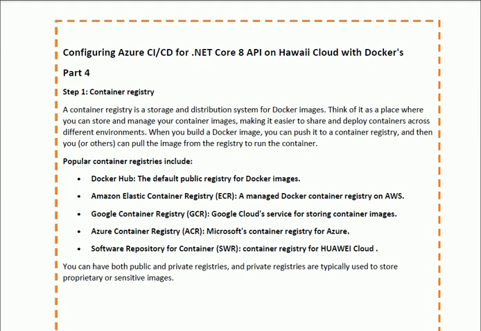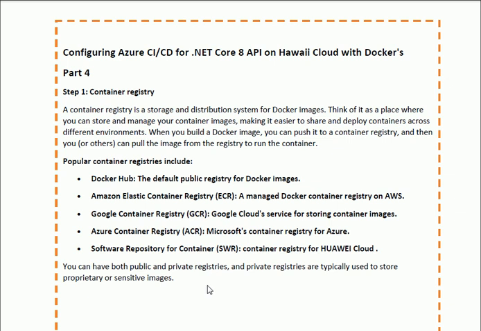Today in part 4 about configuring Azure CI/CD for the .NET Core 8 API on Huawei Cloud with Docker, first of all, I shall explain what a container registry is. A container registry is a storage and distribution system for Docker images.